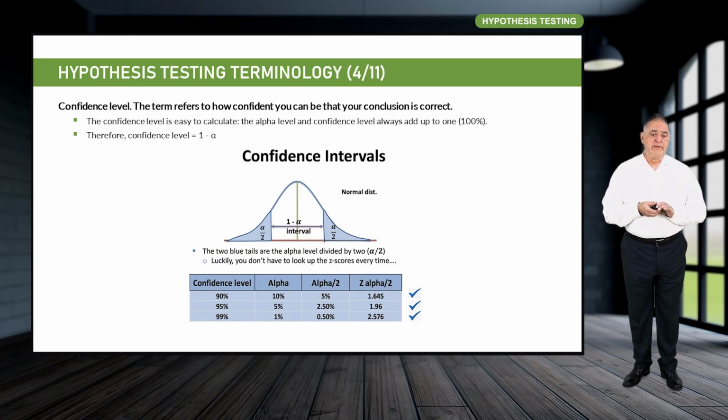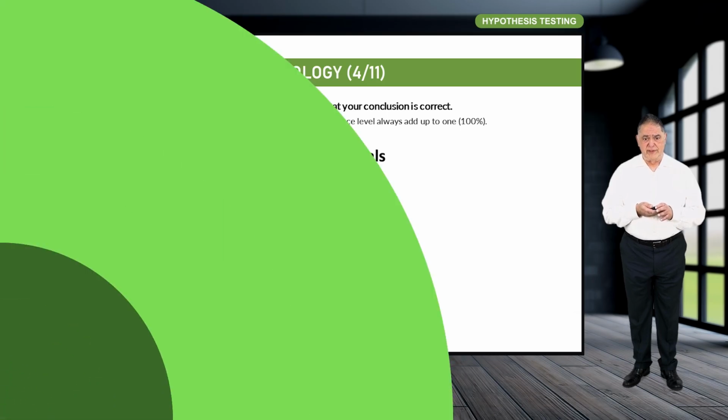So the confidence level is easy to calculate because if you add up the confidence level and the significance level, they always add up to 100%. And again, we can see here that the confidence level is 1 minus the alpha level, the significance level.